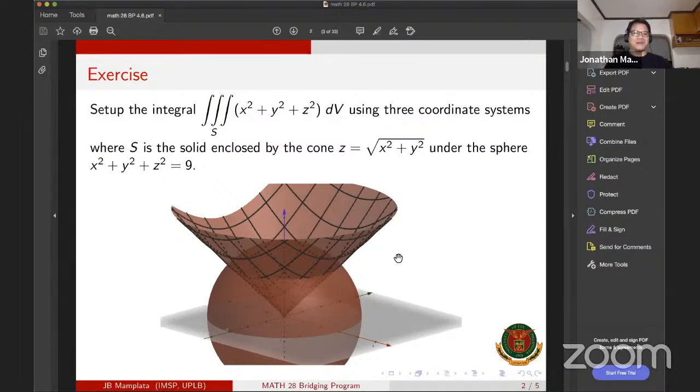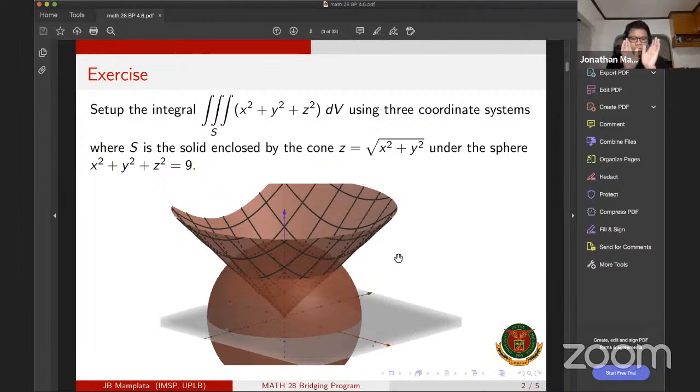So, you have a cone. Okay? So, yung cone natin, that is the equation given by z equals square root of x squared plus y squared. And you have a sphere, x squared plus y squared plus z squared equals 9. So, yung solid considered is yung mukhang ice cream cone. Okay?